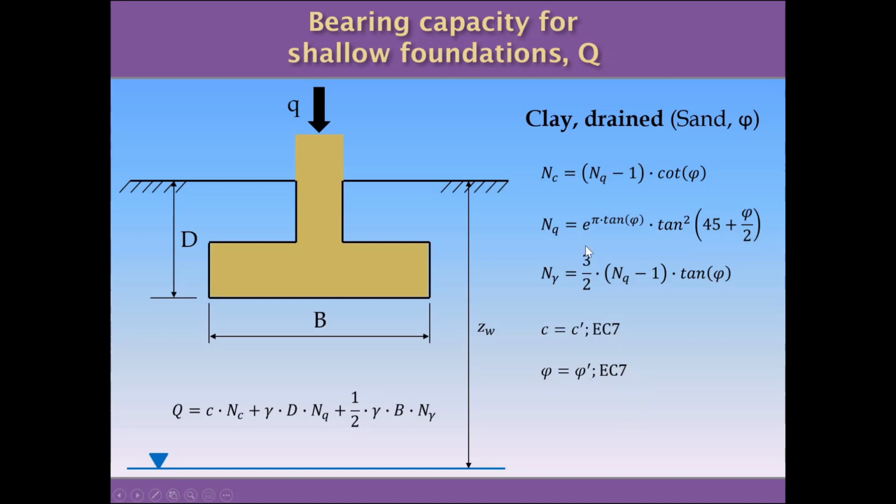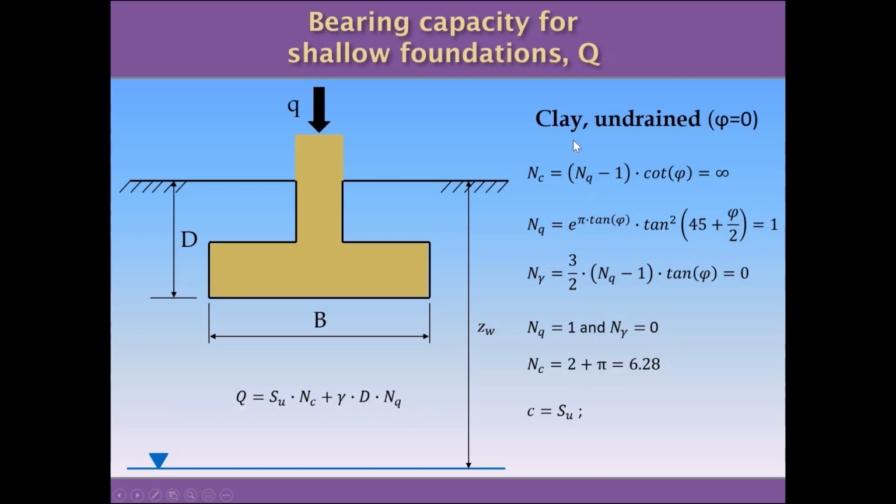So once we apply these formulas and once we reduce the properties of the soil, the clay and the sand, we are going to be ready to determine the bearing capacity of this foundation. Remember that this is the depth and this is the width of the foundation, and small q is the load that is coming from the building.